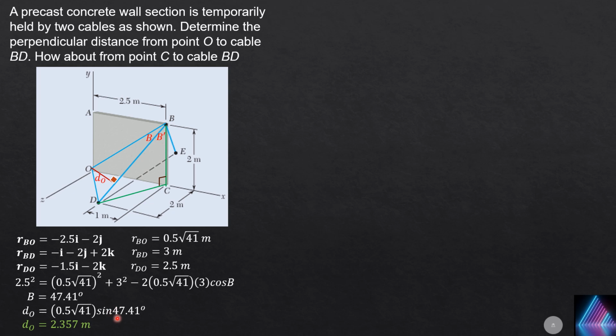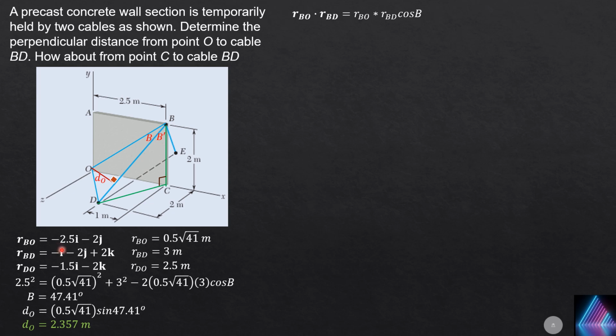Then let's confirm that angle B is 47.41 degrees by applying the dot product of RBO with RBD, and vice versa. Remember that the dot product is commutative. So RBO dot RBD is the magnitude of RBO, magnitude of RBD, cosine of the angle between them. So that product is, remember that i dot i is 1, but i dot j, i dot k is 0.